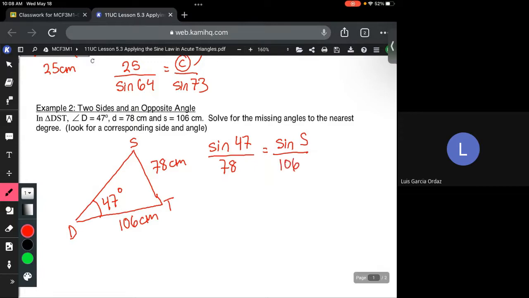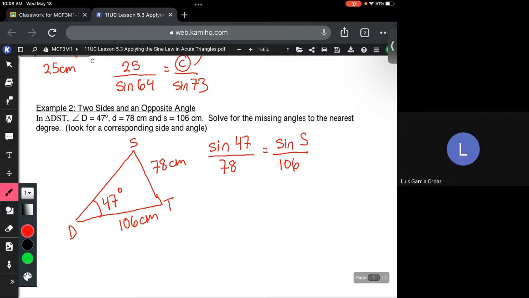You can always flip it, it doesn't matter. But if you flip one of them, you have to flip all of them. If you don't flip it, you'll have your variable at the bottom, which some of you don't like. That's why I like to move it back to the top.